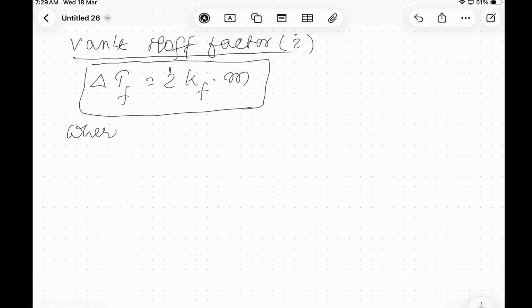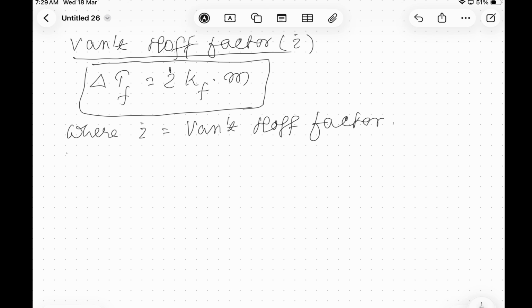The Van 't Hoff factor is used in association and dissociation of solute.